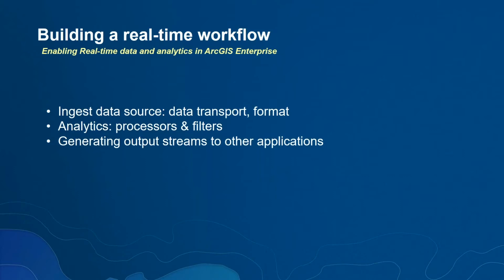So we need to understand where that is and how it's going to make that transition, and also what the format of the data is. Is it JSON? Is it XML? And so forth. Now, once we have the inputs and outputs defined, and data is flowing through GeoEvent Server, we have the additional opportunity to set up certain analytics using processors and filters to interrogate the data and maybe modify the data or throttle its volume, the amount of data flowing through the server.